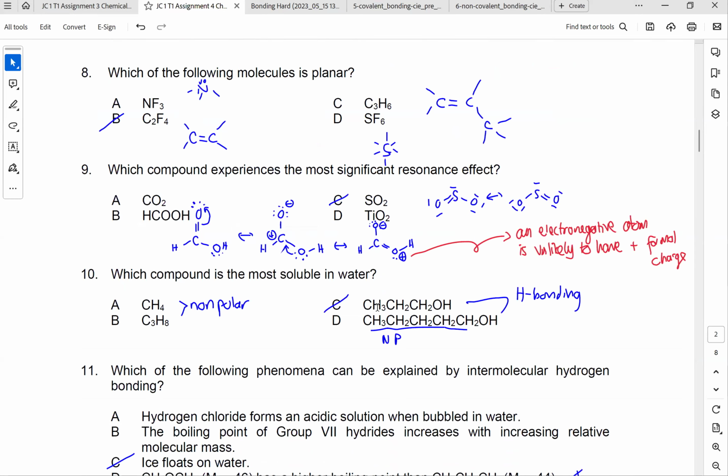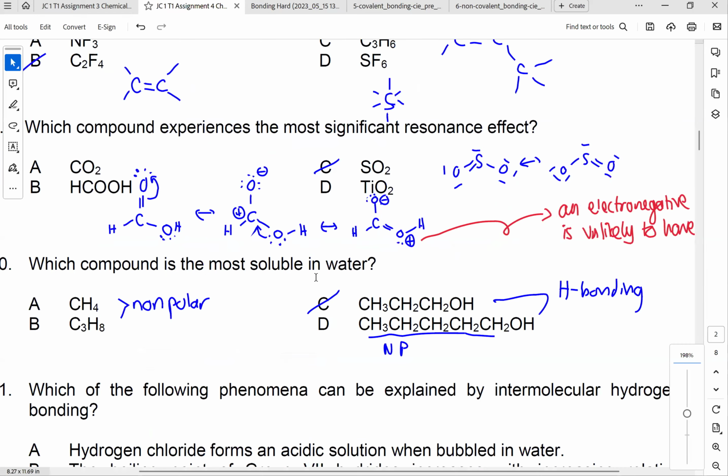Question 9, resonance effect. The answer is SO2, because SO2 can form something like this, or it can form something like this, right?